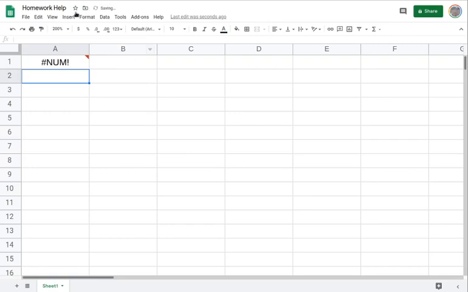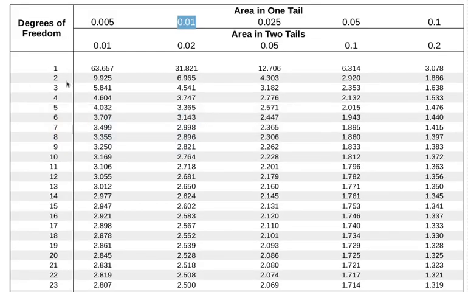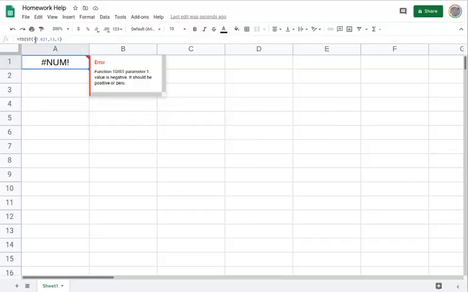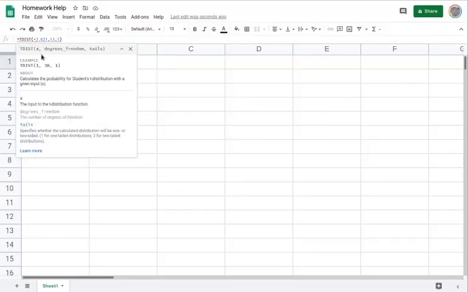Because if you look at this error, it tells me that one of the parameters is negative, it should be positive or 0. This t-dist function only likes positives. So just like on our t-distribution table with only positive values in the table, this t-dist function also only likes positive values. So as long as we keep in mind that we're dealing with a left-tail test, there's no harm in using the positive version.